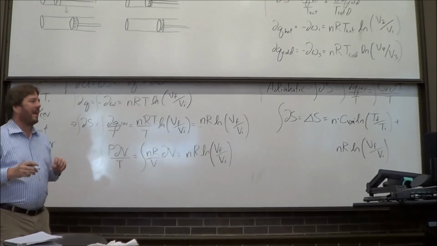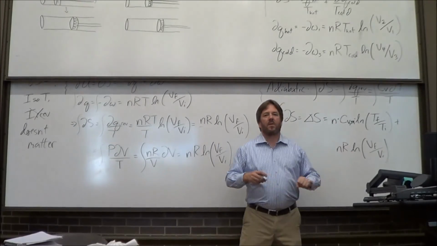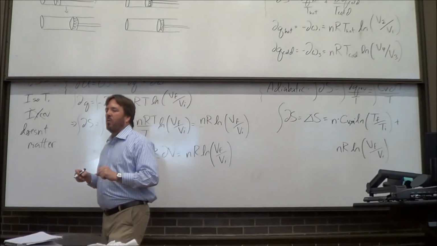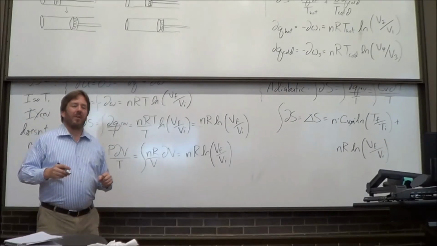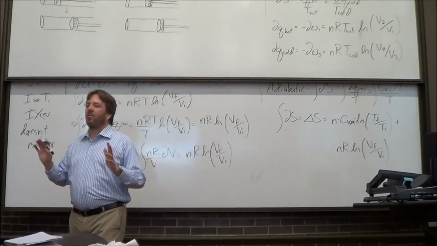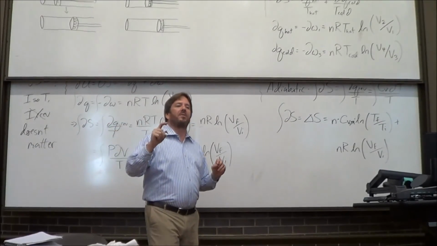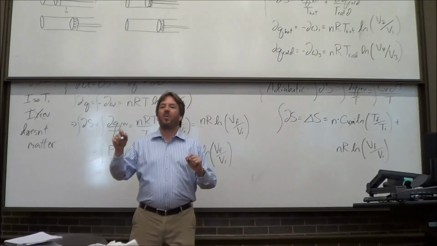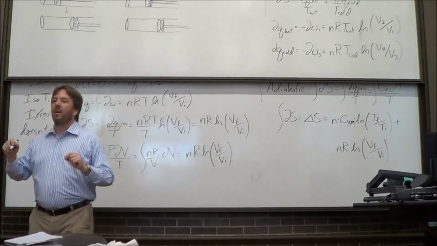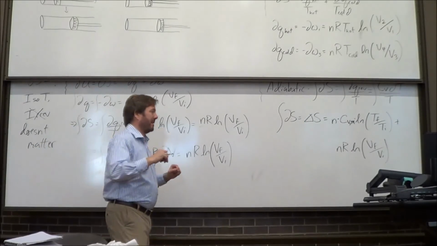Now, here's a funny thing: on the cheat sheet, I'm only going to give you this formula for entropy because it works no matter what. Isothermal or adiabatic, reversible and irreversible are irrelevant because this is a state function. Notice how the change in U was 0 for isothermal, whether it was reversible or irreversible. The change in H was 0, isothermal, regardless of reversible or irreversible, right? That's path independence.